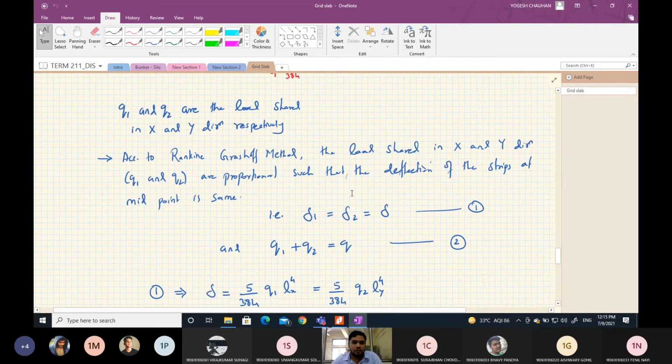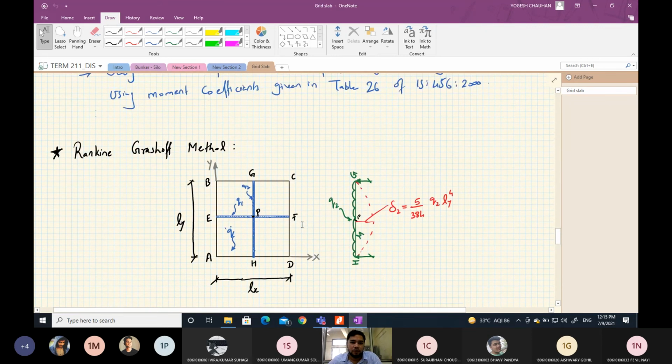So basically, the Rankine-Grashof method assumes that the load shared in both the strips are such that the deflections of the strip in both directions are same at midpoint.